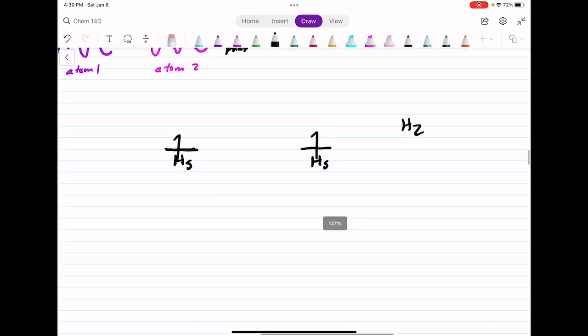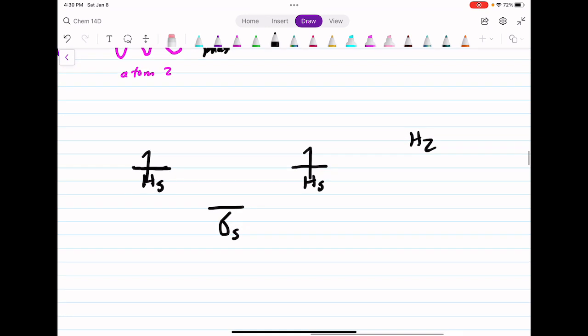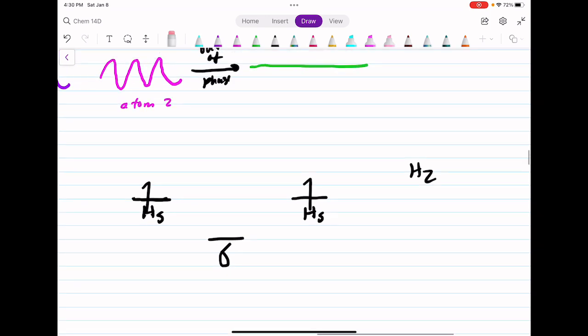What we get down here is called the sigma bonding orbital. The S denotation just means it is a sigma bond made out of those S atomic orbitals. We don't actually have to have that there. We're going to form a sigma, which is our single bond, and then we're going to form this so-called sigma star, which is an anti-bonding molecular orbital.